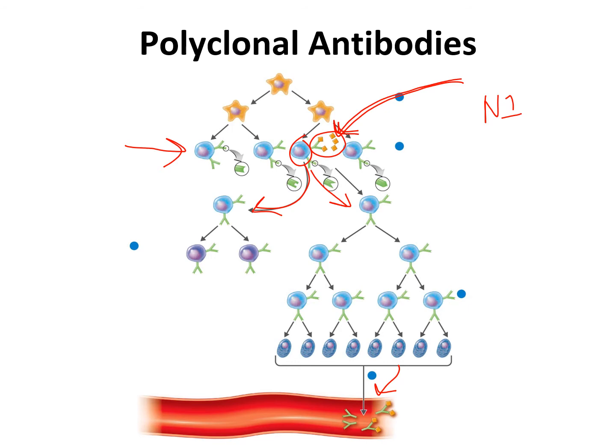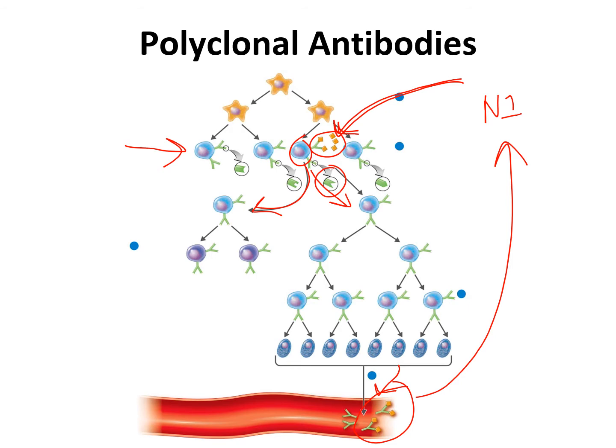If the rabbit has a B cell that responds to the N1 antigen, then it will go through mitosis, clonal expansion, and all the antibodies that are generated will recognize that N1 antigen. So then all you have to do is take blood from that rabbit, purify the antibodies, and now you have antibodies you can use in a diagnostic test.